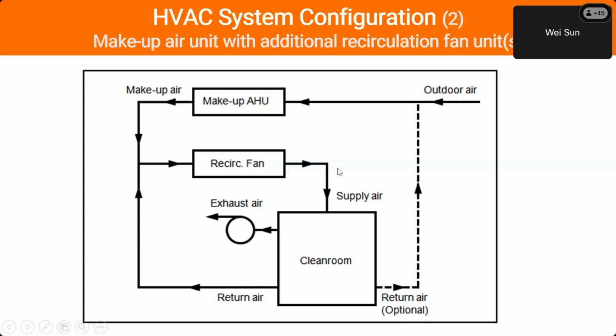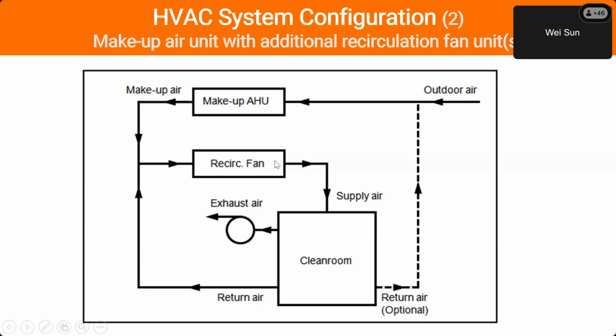And so typically for this kind of configuration, the recirculation flow rate is much higher than the makeup AHU. So you can create a high air change rate inside the clean room, but your heating, cooling is low, and the outside air intake for ventilation, for pressurization, or process air offset could be relatively limited, but you do need to have a high air change rate.